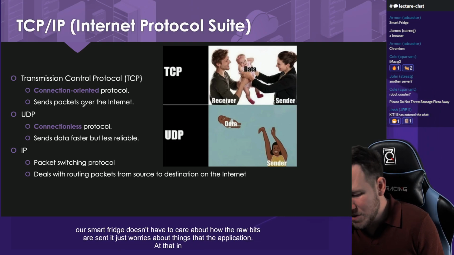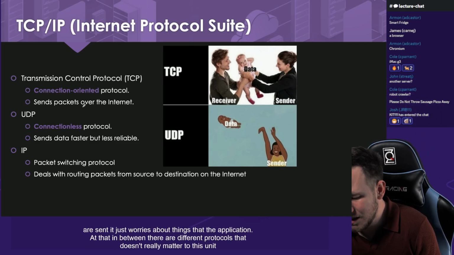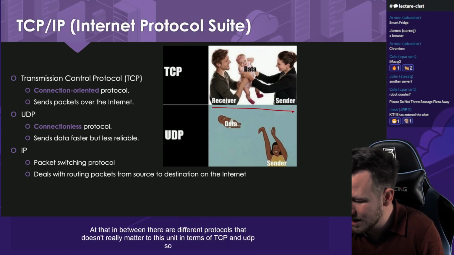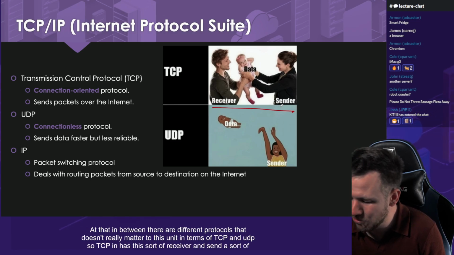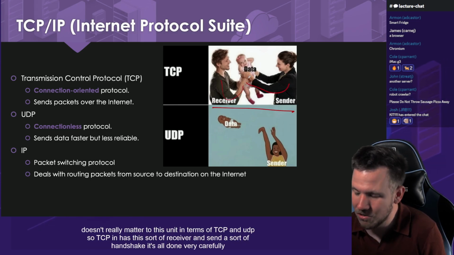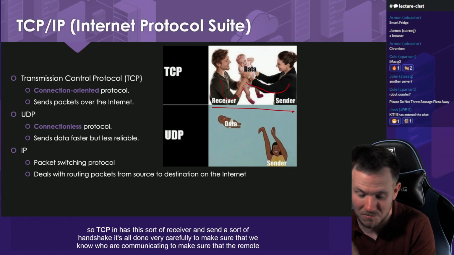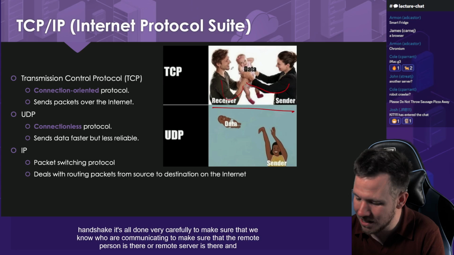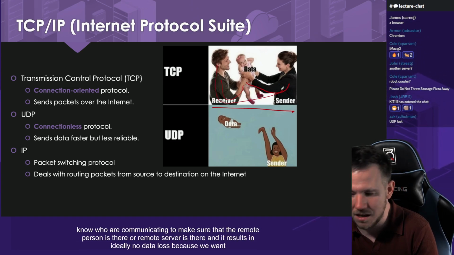In between, there are different protocols that don't really matter to this unit in terms of TCP and UDP. So TCP has this sort of receiver and sender handshake. It's all done very carefully to make sure that we know who we're communicating to. We make sure that the remote person or remote server is there. And it results in, ideally, no data loss because we want the entire thing through there.